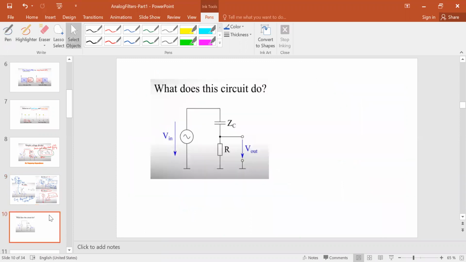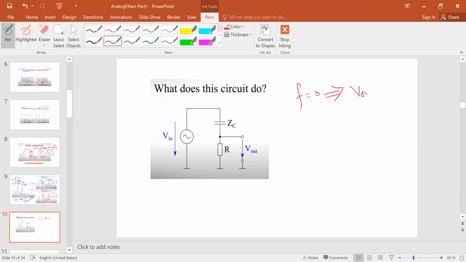So based on this behavior, now look at this one. And now you can imagine I interchange the location of the resistance and the capacitor. And now we can figure out ourselves that this will behave like, you see, in the previous one, it was a low pass filter. Now this configuration will give you a high pass filter, because you can check later on yourself what happens to the V out when F goes to 0.